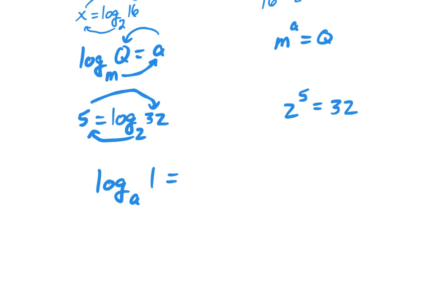What exponent will always give me 1? 0. Okay? So it does not matter what my base is. If I have a 1 right here next to the log, my answer is always 0. I can put whatever number I want down here. So that's a rule, right? That's one of my rules that we should know. If I see a 1 next to the log, I always know it's going to equal 0.